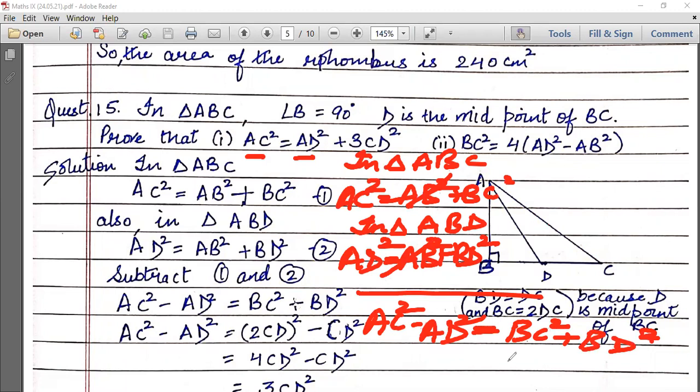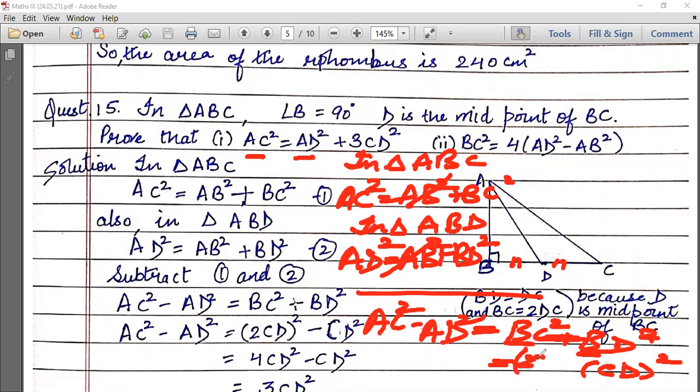Children, you know that BD and CD are equal. So instead of BD, you can write CD. BD is CD because they are equal, and BC is twice of CD, double.